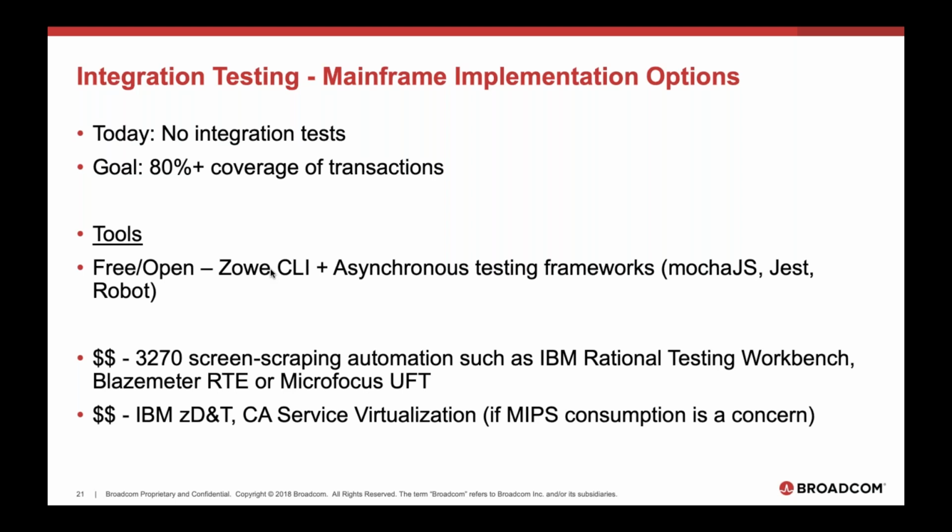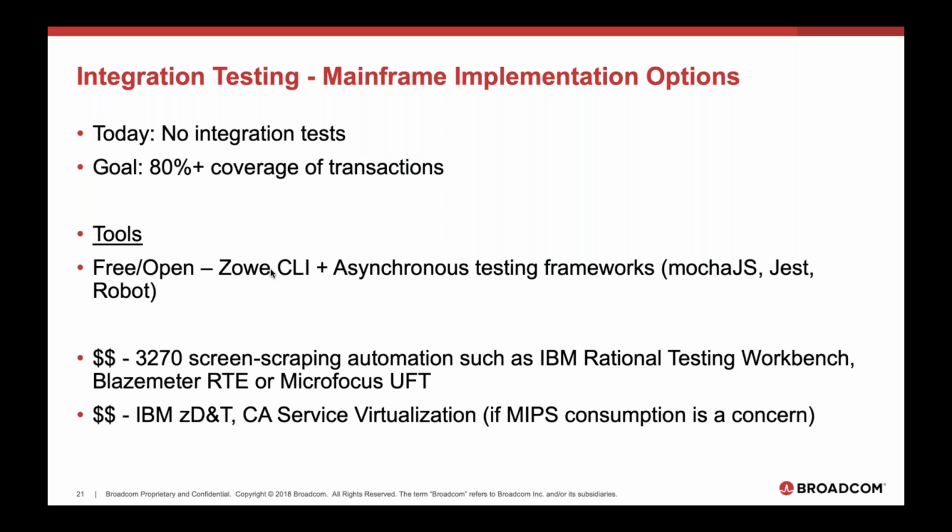These help with writing integration tests without a tight dependency on the platform. It's able to asynchronously call these operations on the mainframe as needed, but most of the assertion logic and comparisons happen off platform in JavaScript or Python logic.